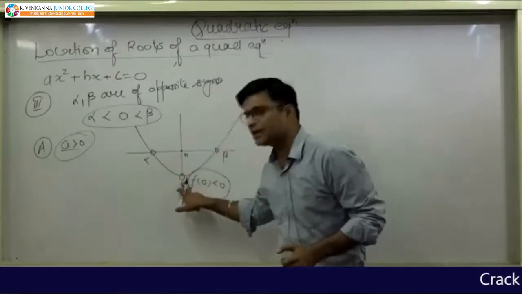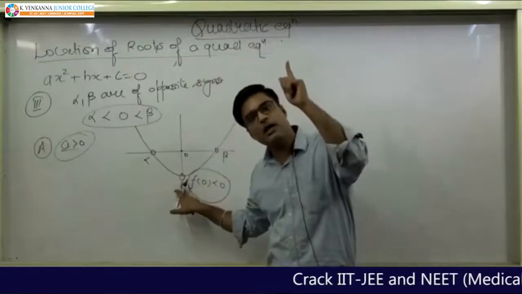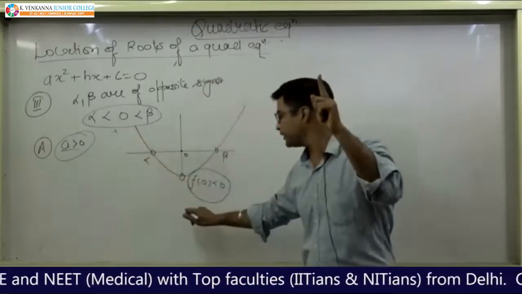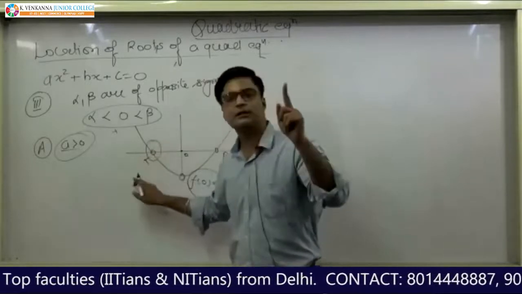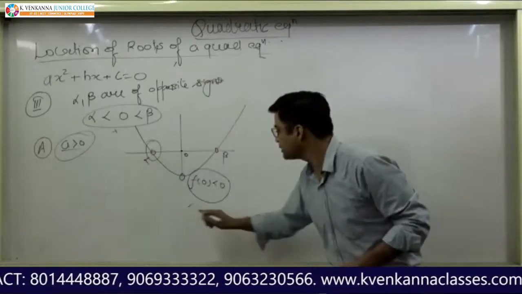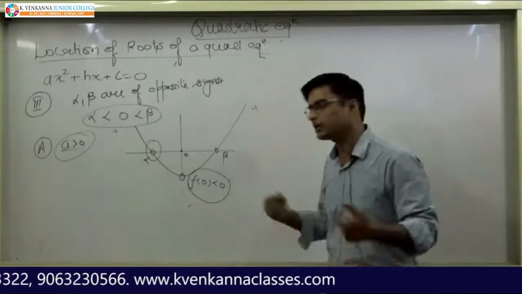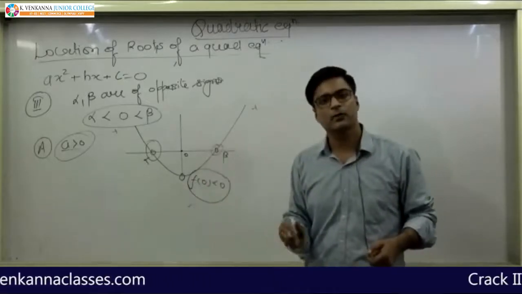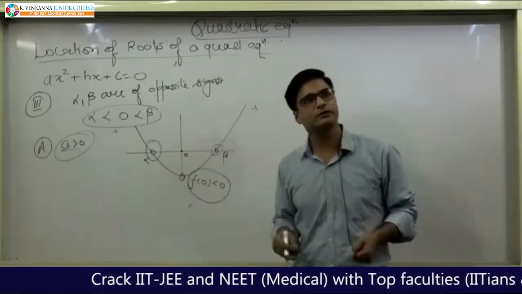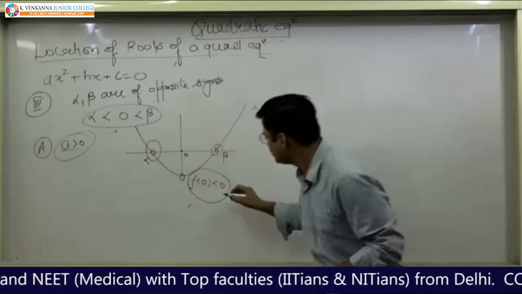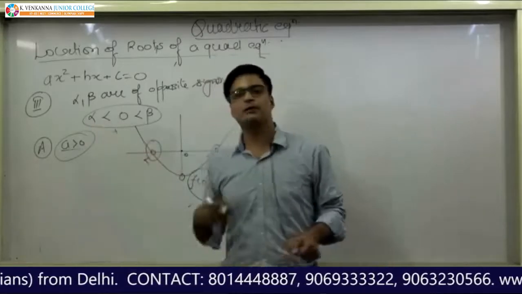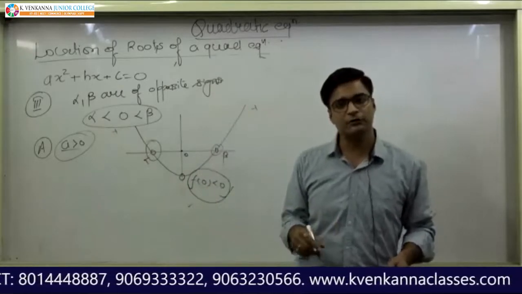So if f of 0 is lesser than 0, then remember our intermediate value theorem. It is positive here, it is negative here. So the curve will intersect at least once on the negative x-axis. Similarly, it is negative here, it is positive here. The curve will intersect at least once on the right hand side of origin, that is positive x-axis, right? So this alone condition is enough for this case, that one root is positive and one root is negative.